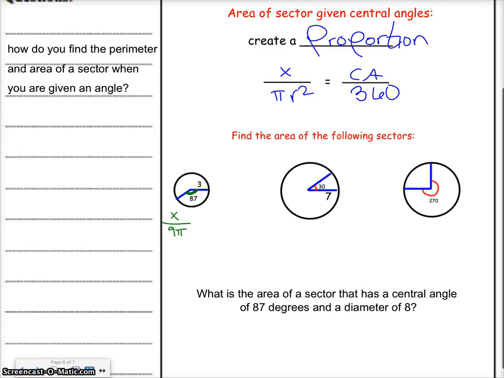Now I just multitask big time there. Remember, if r is 3, then r squared is 9. As 87 is to my full degree, 360. So 9 times 3.14 times 87 divided by 360 is 6.8 square units.